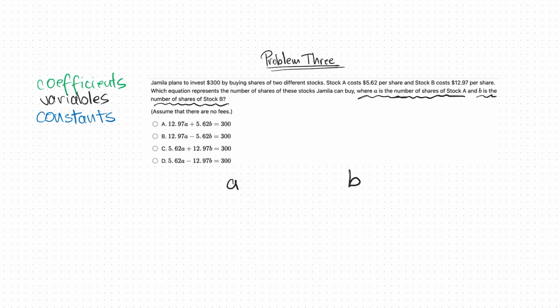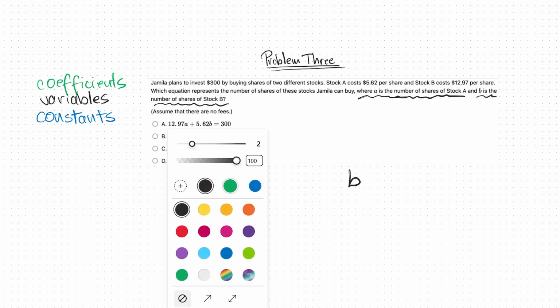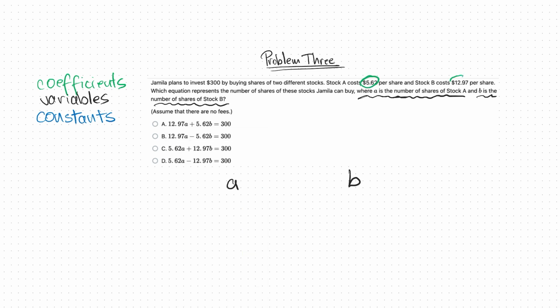Now, what do we know about these two variables? If we take a look at the sentence before that, we see that stock A costs $5.62 per share, and stock B costs $12.97 per share. So these are our two coefficients, 5.62 and 12.97.